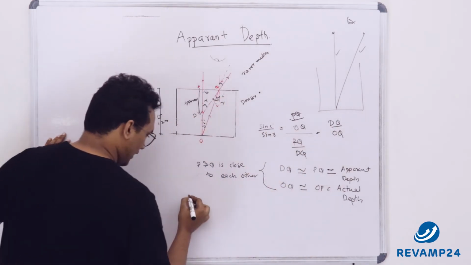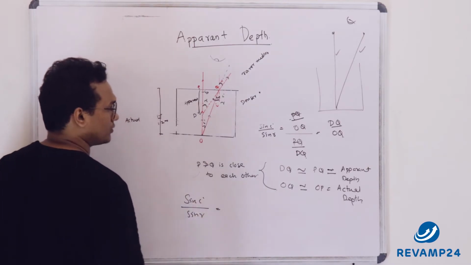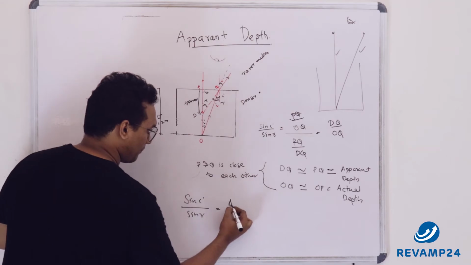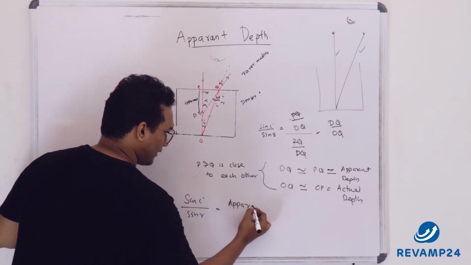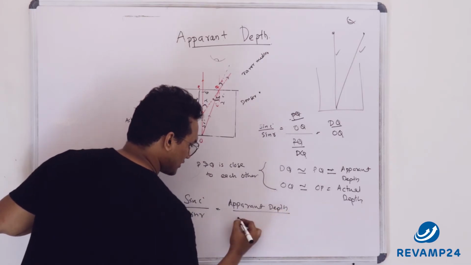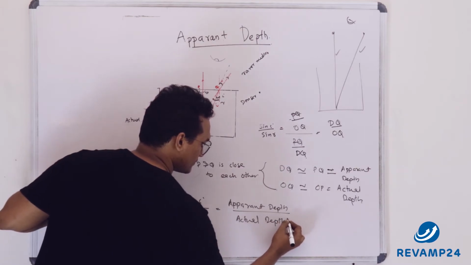Now I got the value sin I divided by sin R is equal to DQ. What is DQ? Apparent depth divided by actual depth. Okay.